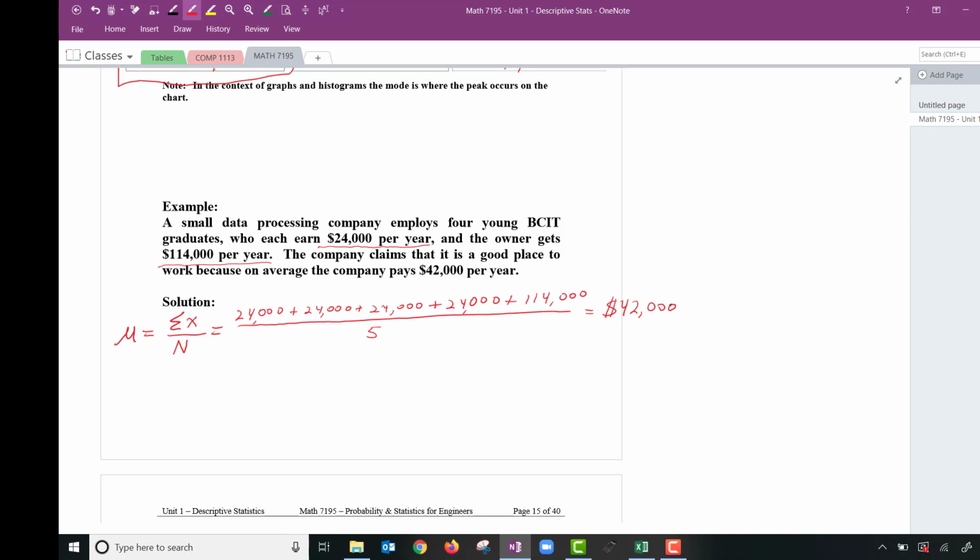The mean salary is 42,000. However, no one makes that amount of money. It's not even close to what the person who's going to get hired will make. So this is a situation where we might choose to report the median instead, which is just the middle score. When I wrote this out, luckily I listed them in order. There are 5 employees, so finding the middle shouldn't be too hard. It's just 24,000.